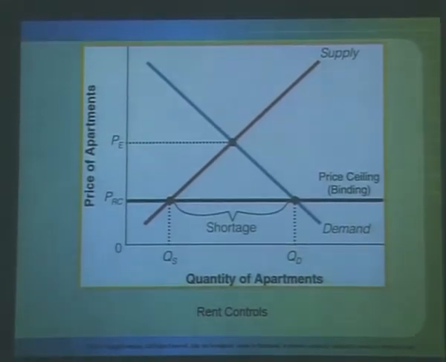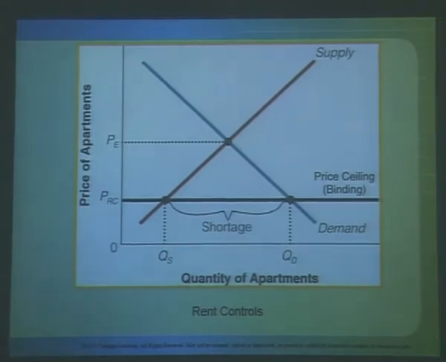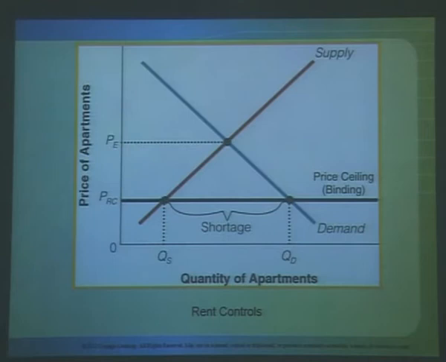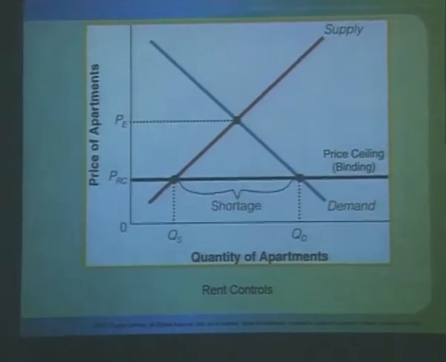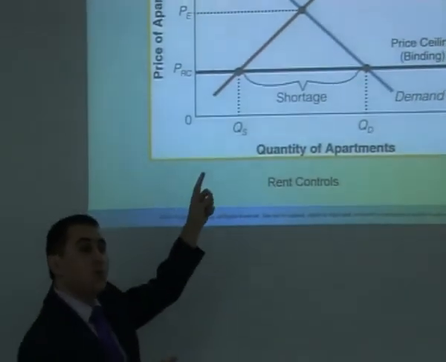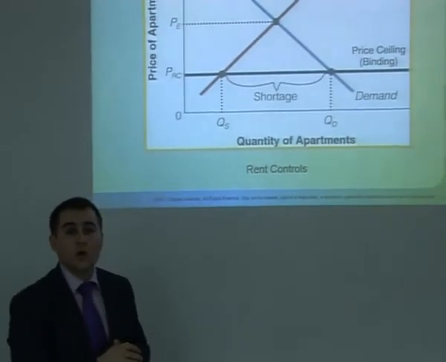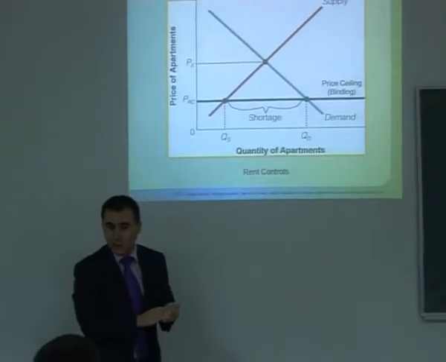So let's go step by step. First, quantity supplied is decreasing. The quantity of rental houses supplied goes down. We are moving along the given supply curve.